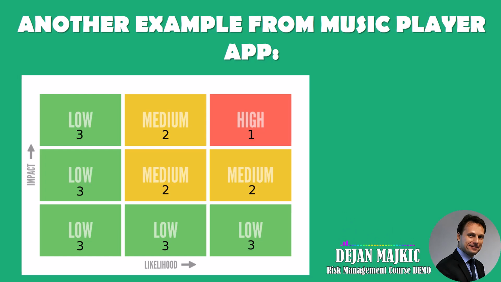And here is another example from our music player app. Your developers decide that they want to use a compression algorithm that uses a special technique to increase the loading speed of the app's content. However, this algorithm was only just conceived in a hotel room by one of your developers the night earlier and is essentially untested.